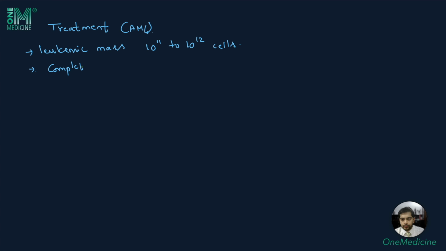Now let's look at the treatment of acute myeloid leukemia. On presentation, the leukemic mass in the blood is usually in the range of 10 to the power of 11 to 10 to the power of 12 cells. A diagnosis of complete remission is made when leukemic cell mass is less than 10 to the power of 9 cells and becomes undetectable in blood or bone marrow.